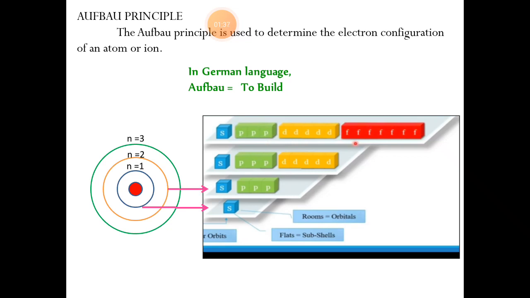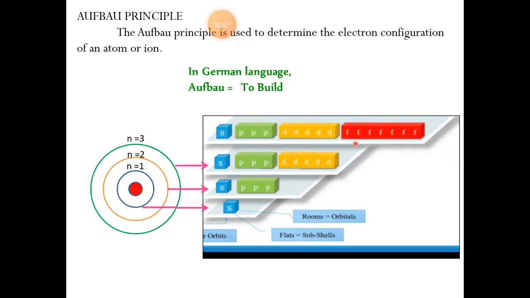When n is equal to 2, it contains 2 subshells, s and p. When n is equal to 3, it contains 3 subshells: s, p and d. And in the case of the fourth shell, it contains 4 subshells: s, p, d and f.